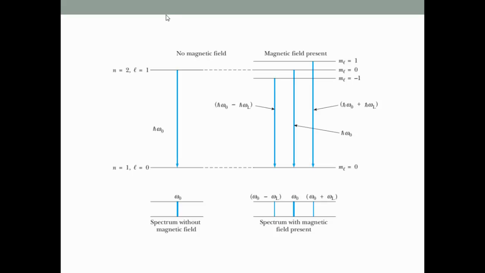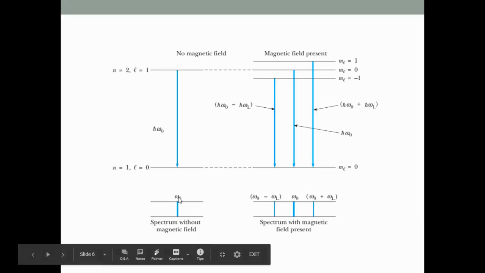Here our original transition, that is n equal to 2 to n equal to 1, for the hydrogen atom, we know that this transition is known as Lyman. And the central line appears as omega 0, the same frequency as it would without the magnetic field. It is the same position, omega 0, in the spectrum without magnetic field and the spectrum with the magnetic field.